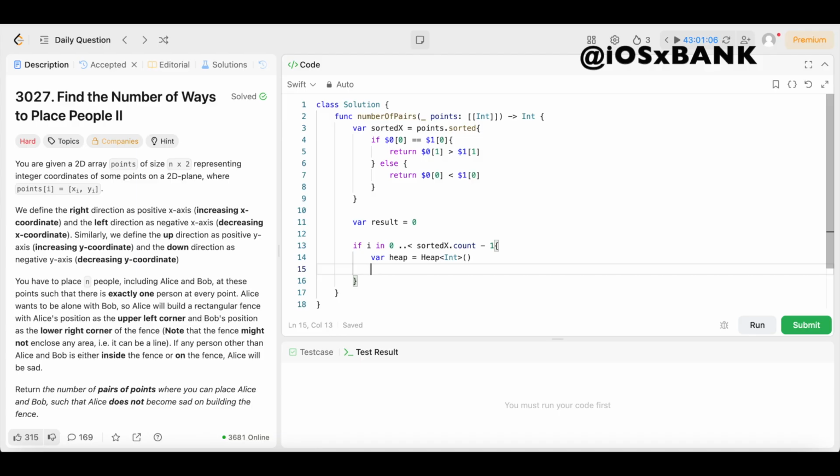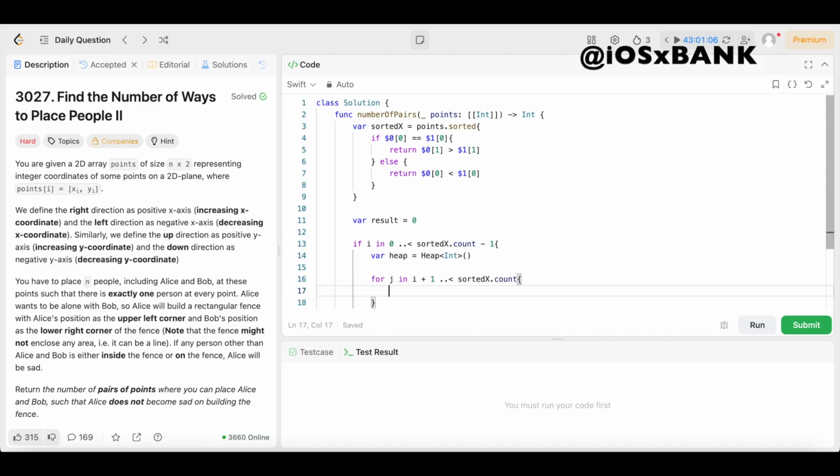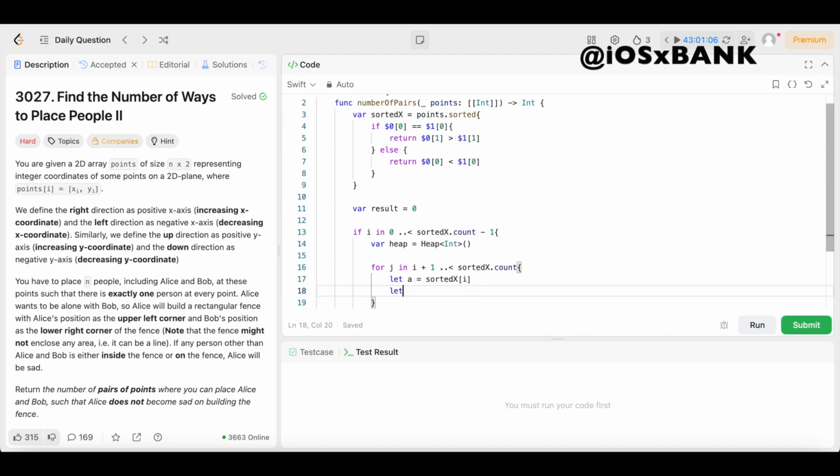So we say for j in i + 1..<sortedX.count, and open up the brackets. We say let a equal sortedX[i], and let b equal sortedX[j].